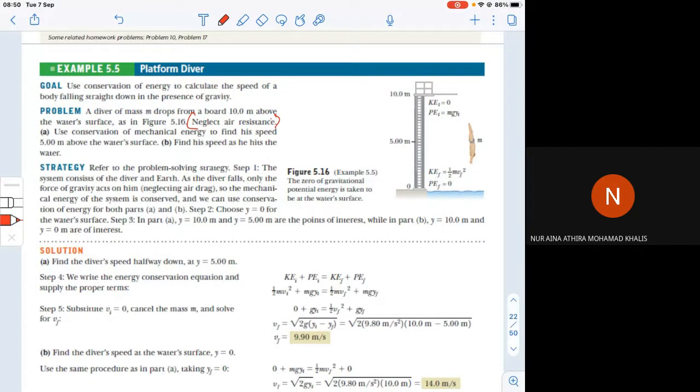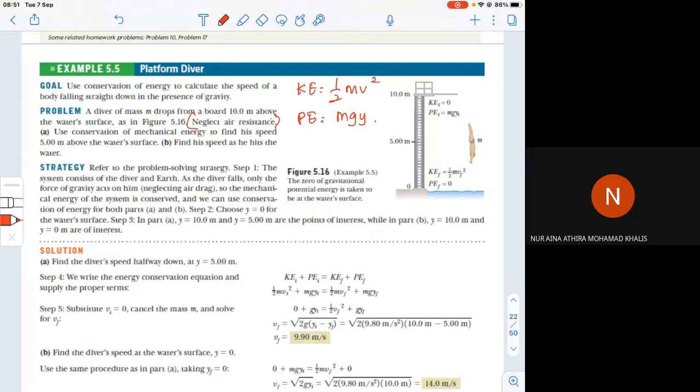Okay, all right. So when you look at the examples, a diver can neglect air resistance, use conservation of mechanical energy. Why? You look carefully at the equations. KE is equivalent to half mv squared, while PE is mgy.